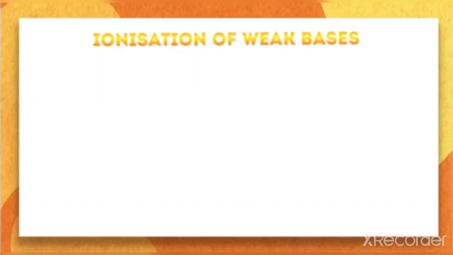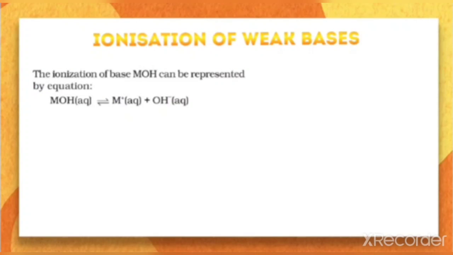Next, the ionization constant for weak bases. For the weak bases, we need to find out the ionization constant. The ionization of the base MOH can be represented by this equation: MOH in aqueous condition ionizes to M plus and OH negative.